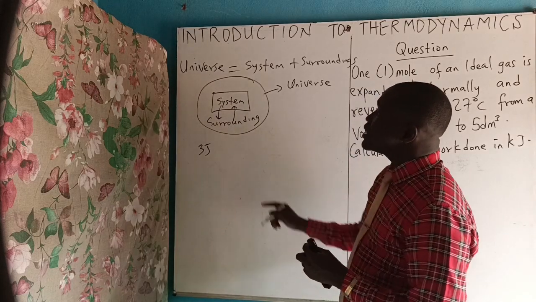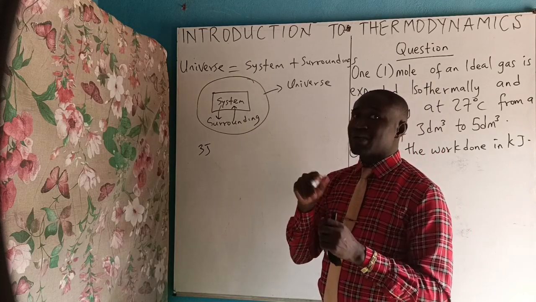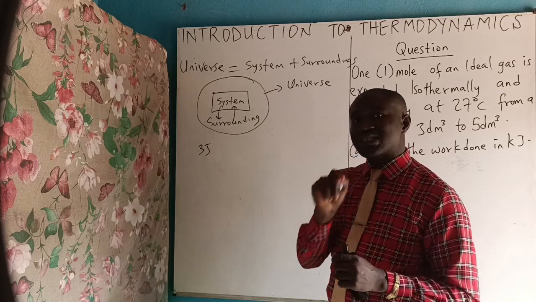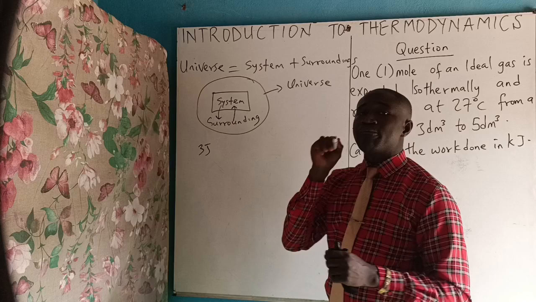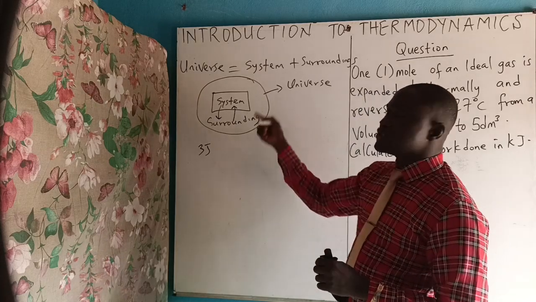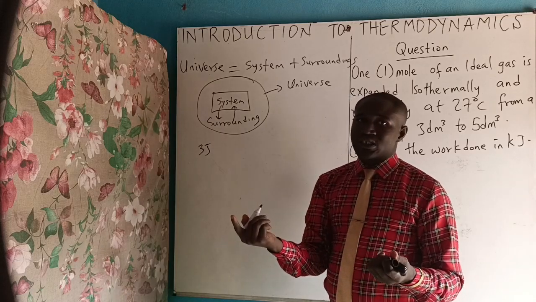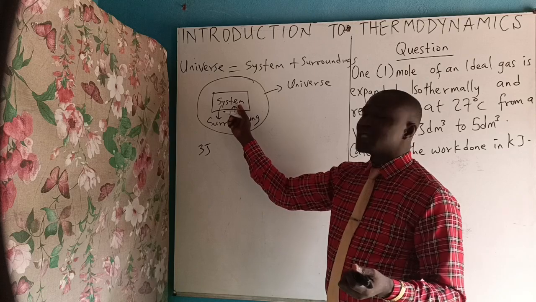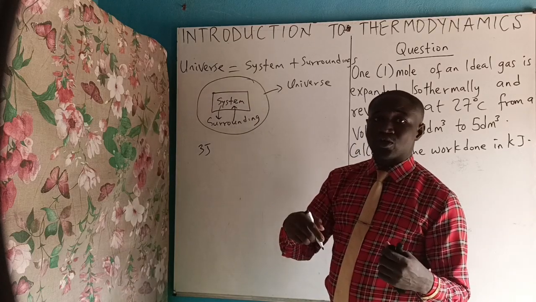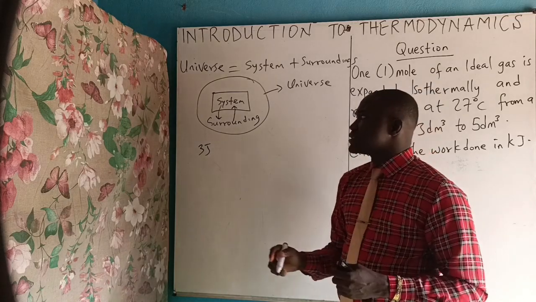So that means energy can neither be created nor destroyed. This is one of the concepts of the first law of thermodynamics, that energy can neither be created nor destroyed, but can be transformed or transferred from one place to what? Another. So once the surrounding is losing, the system will be gaining, and so nothing is destroyed or lost. And once the system is losing, the surrounding will gain it and make use of it. So nothing is lost or what? Destroyed. That is about this.